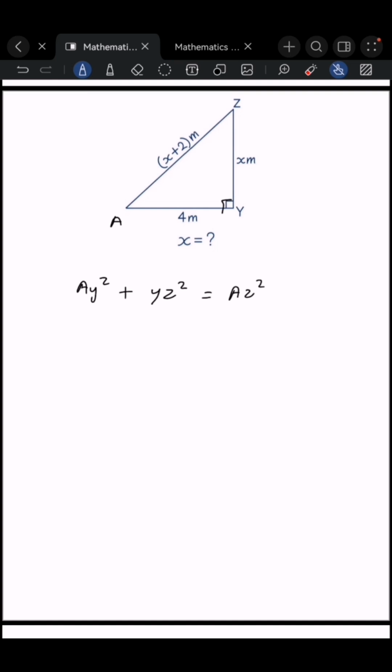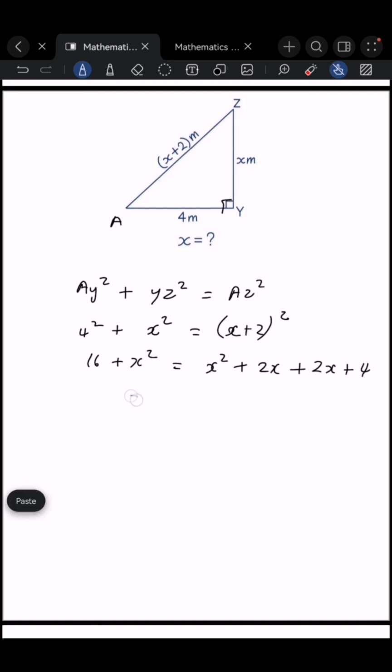And then from here AY is going to be 4 squared, plus YZ is going to be x squared, is equal to AZ, which is x plus 2 all squared. This one is going to be 16, this one is going to be x squared, and this one is going to be x squared plus 2x plus 2x plus 4.